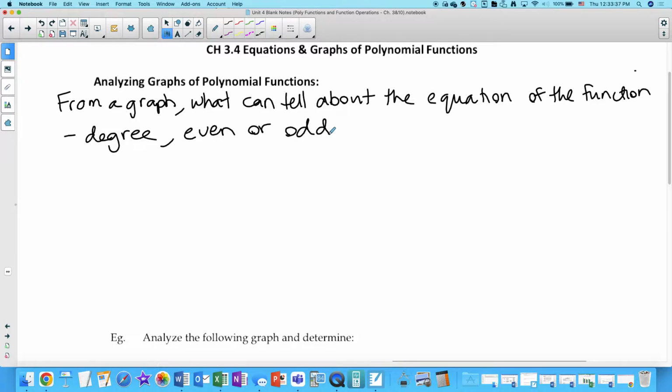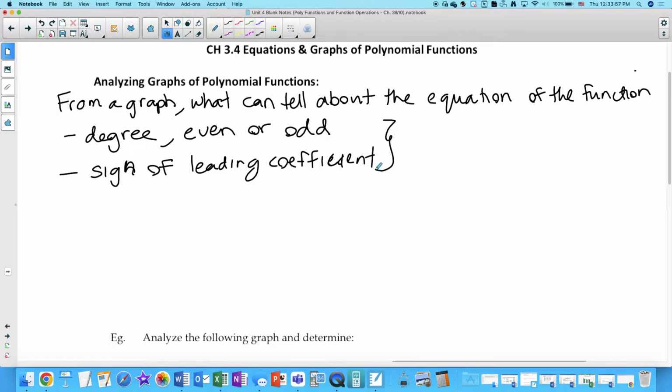Like if the degree is negative. Your leading coefficient, right? Yes, so we can tell the sign of the leading coefficient. And this is all by looking at the end behavior.